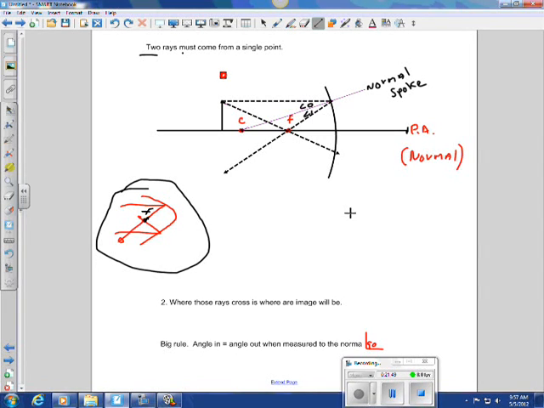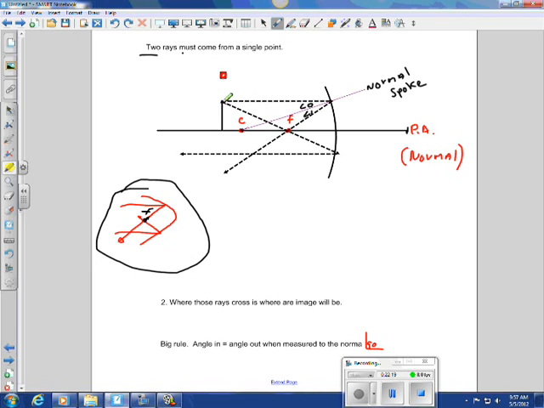Now, if that second ray of light goes through the focal point, do you remember my image with the flashlight? That light coming from the focal point goes out in parallel? Because this guy is going to go out in parallel. We have to take 2 rays of light.